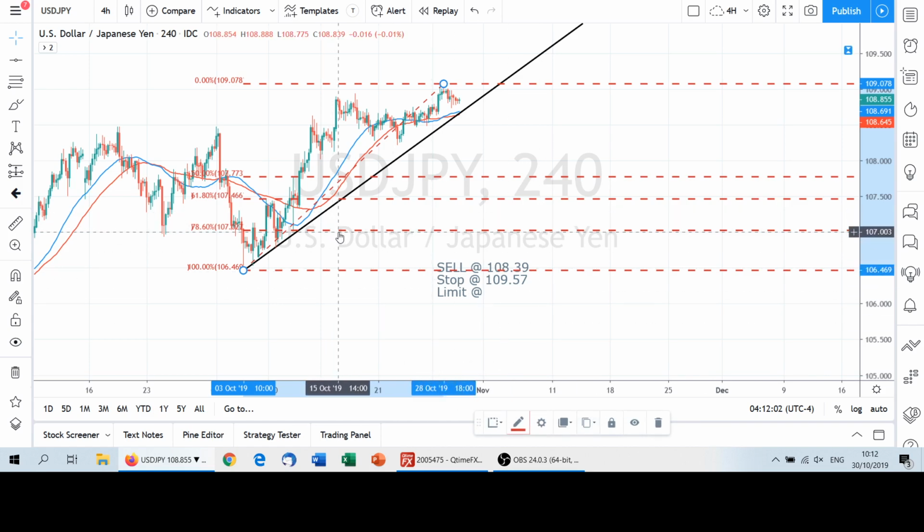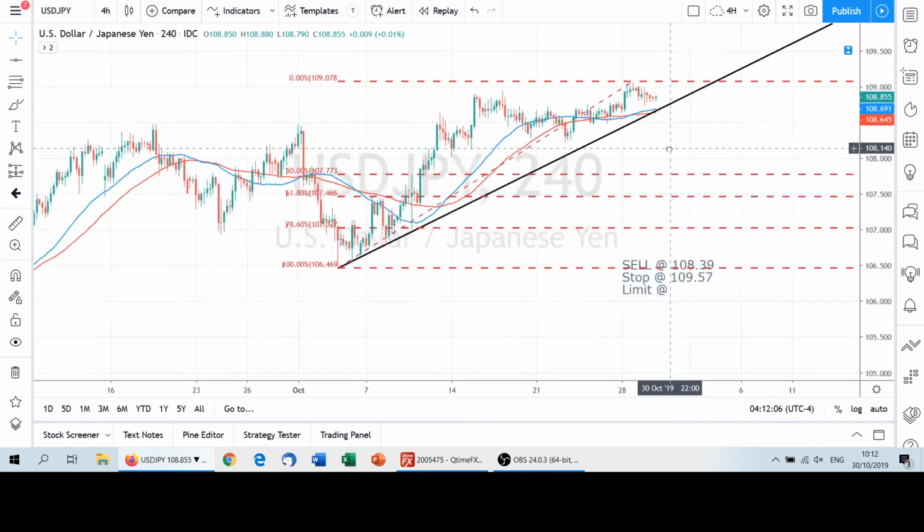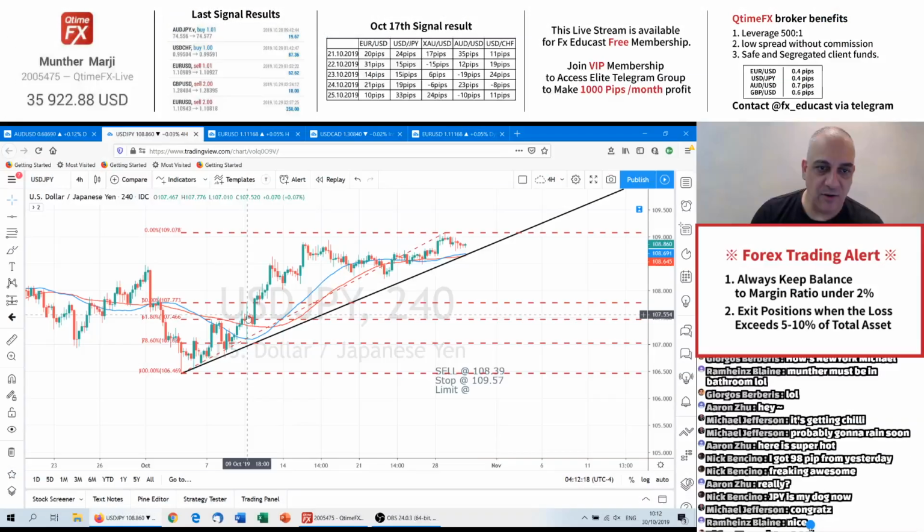Okay, 107. Yes, that is a good target. As you can see, the 107.02 or 03, actually it is 03. We have this candle low here, and we have highs that are close to it. So we could push as low as 107.03.